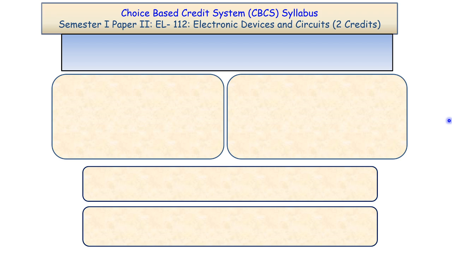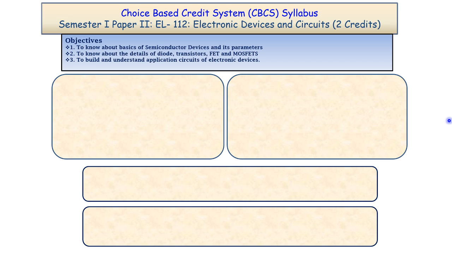CBCS syllabus. The objectives of this syllabus: first, to know about basics of semiconductor devices and their parameters. To know about the details of diodes, transistors, field effect transistors and metal oxide field effect transistors.